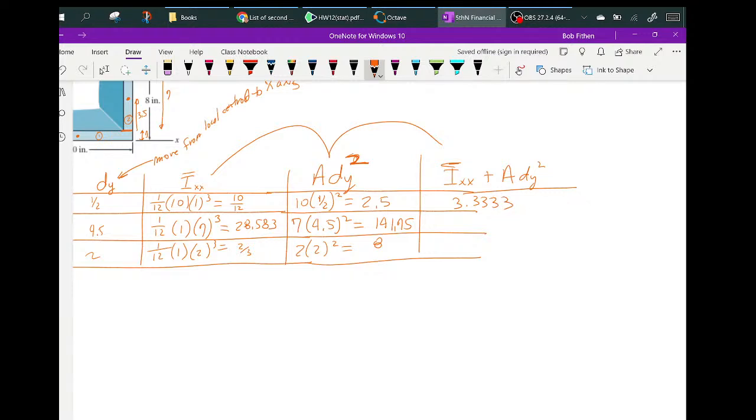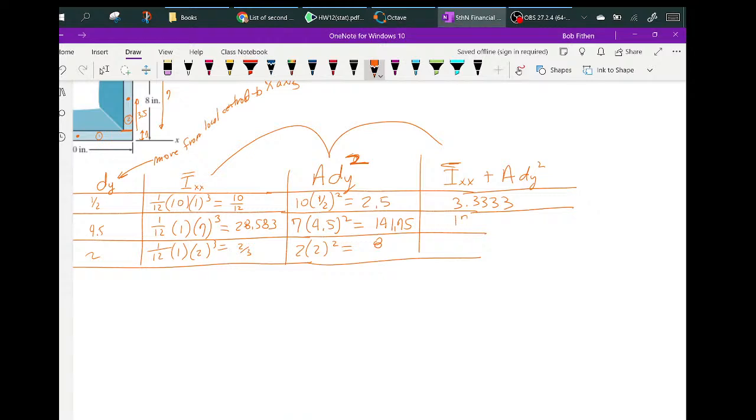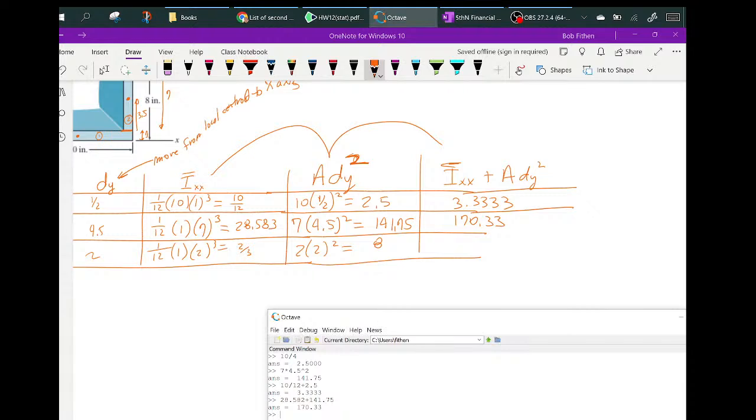I'm going to carry the digits instead. Then 28.583 plus 141.75 gives 170.33.